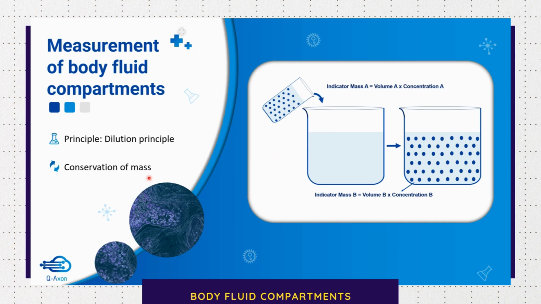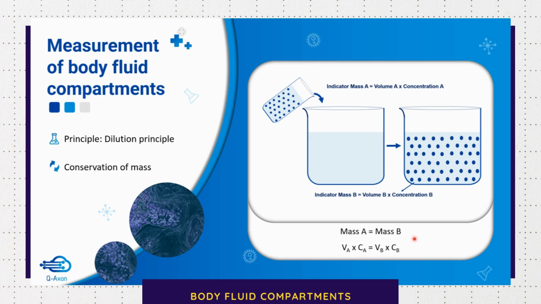So we can say that mass B is equal to volume B into concentration B. With this we can also say that mass A is equal to mass B. Hence we can say volume A into concentration A is equal to volume B into concentration B.